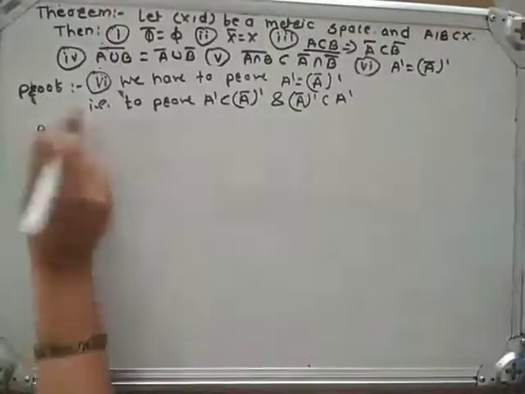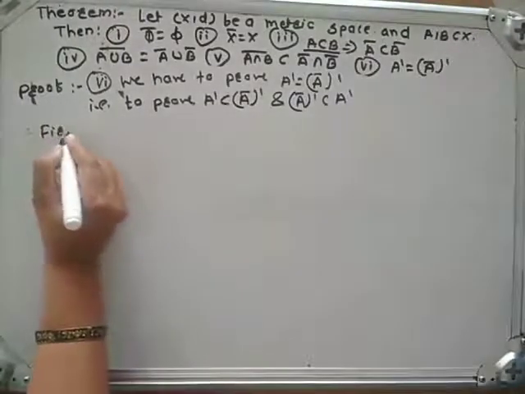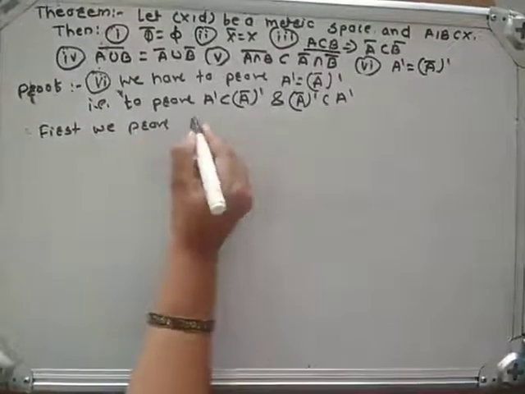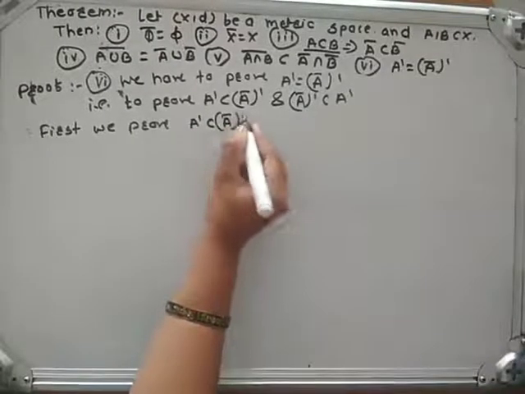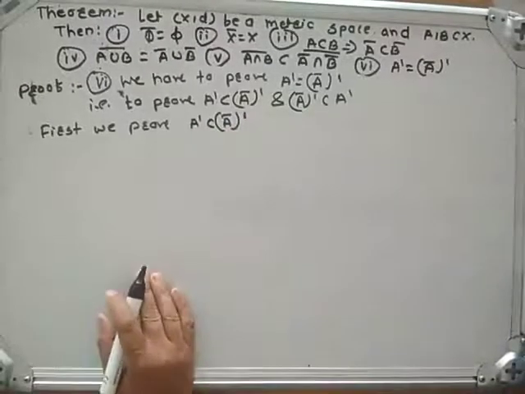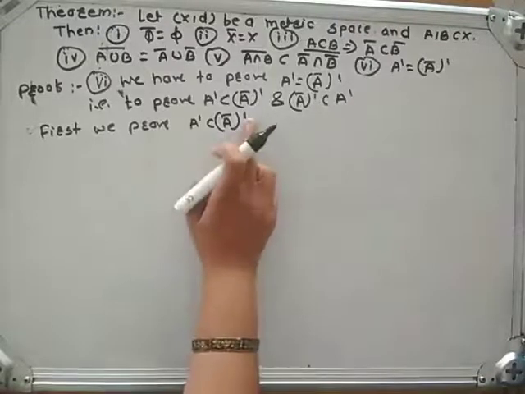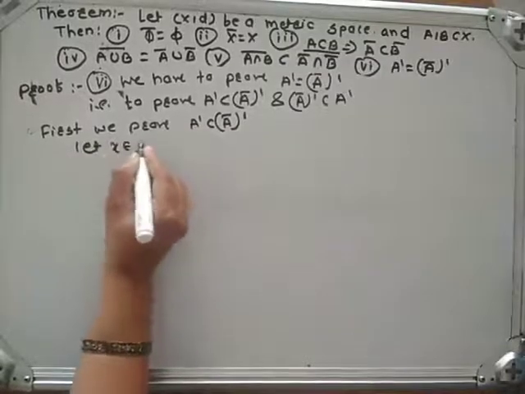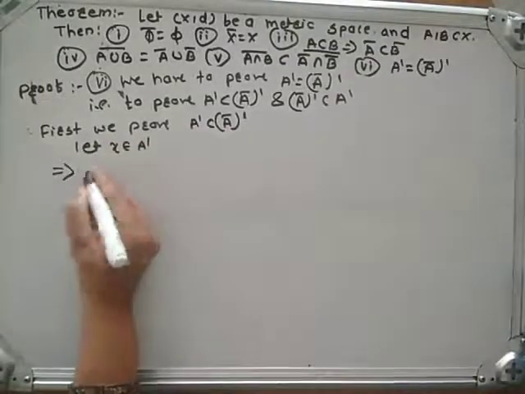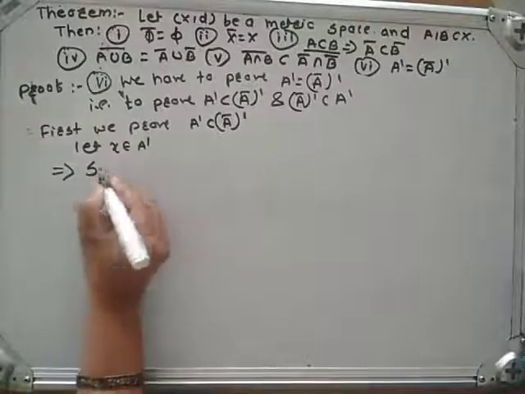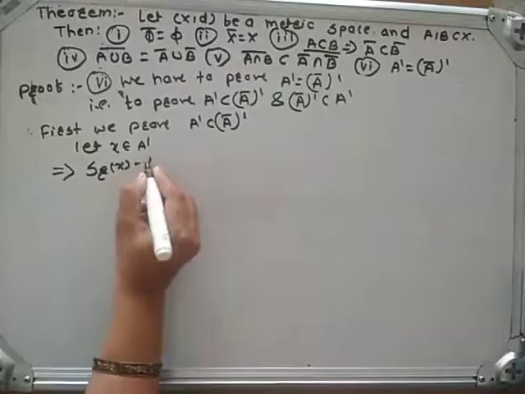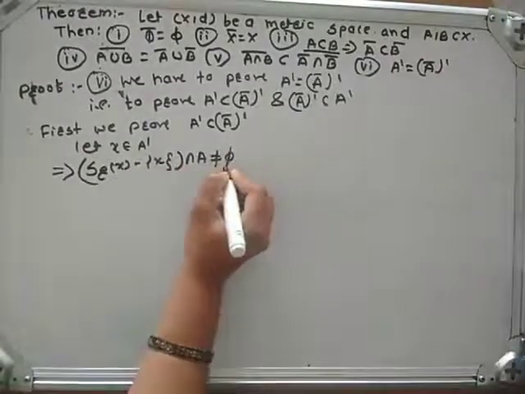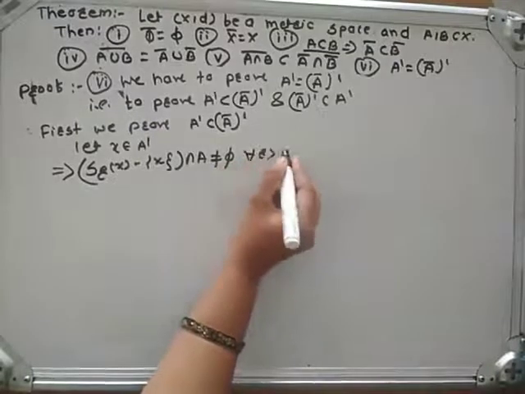First we prove A dash is a subset of limit points of A closure. For this, let x belong to A dash. That implies, by the definition of limit point, S_r of x minus singleton x intersection A is not equal to phi for all r greater than 0.